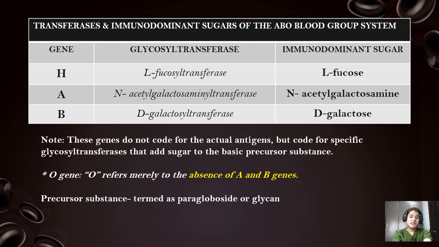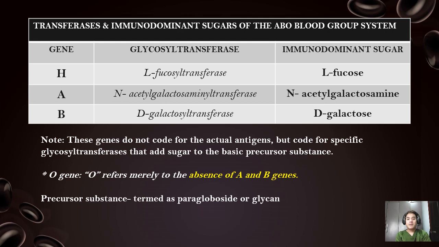So each gene codes for the production of L-fucosyltransferase. So from the term itself, fucosyltransferase transfers the L-fucose sugar to the terminal galactose end of your paragloboside, and this mechanism will result in having L-fucose as the immunodominant sugar for your H gene.